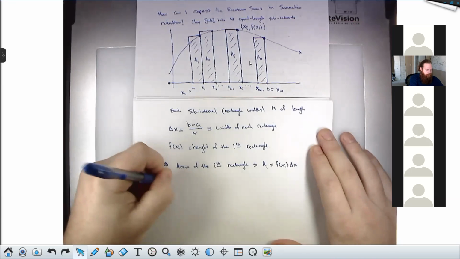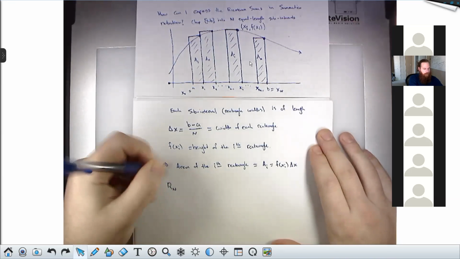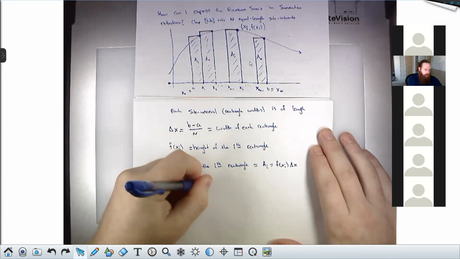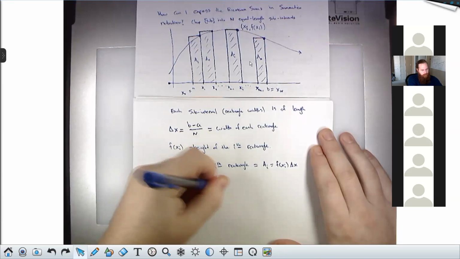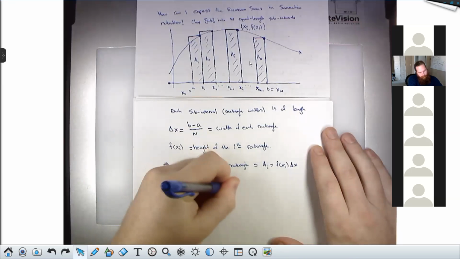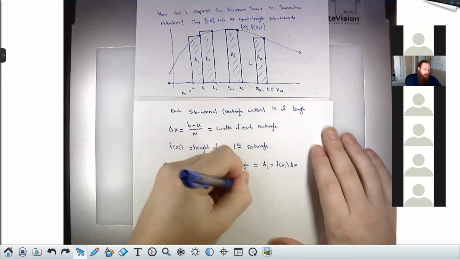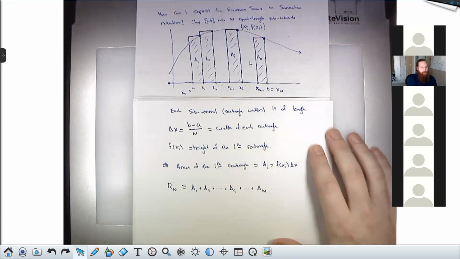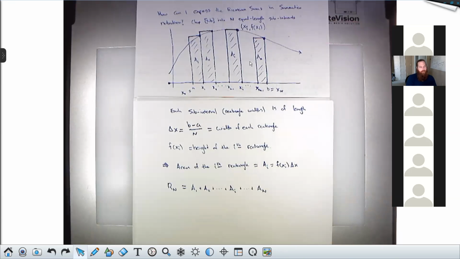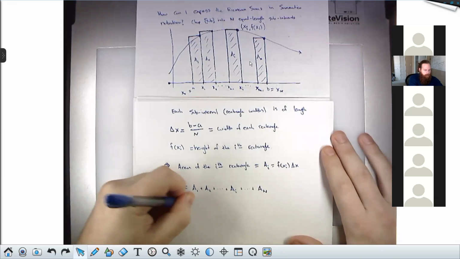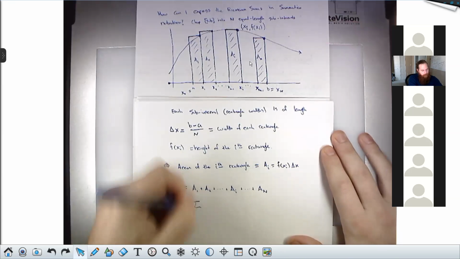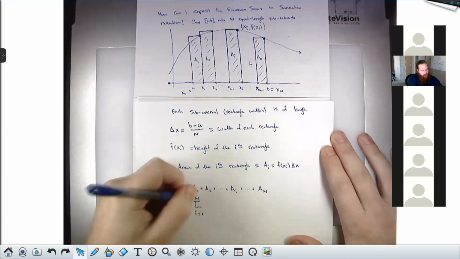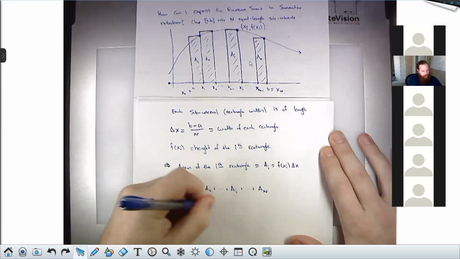So Rn is A1 plus A2 plus the middle terms there look like Ai, and then all the way out to An. This is what I get when I add up all of my little areas. I could write that as sigma i from 1 to n of Ai.